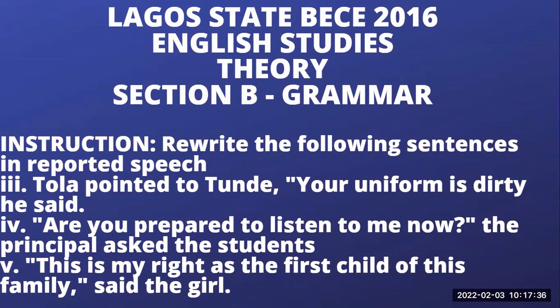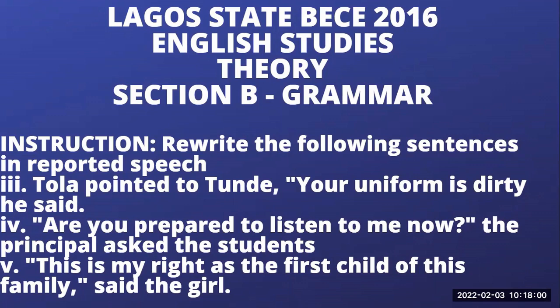All right. So let's now rewrite it in reported or indirect speech. Now, the girl said that that was her right as the first child of that family. Now, take note of this.